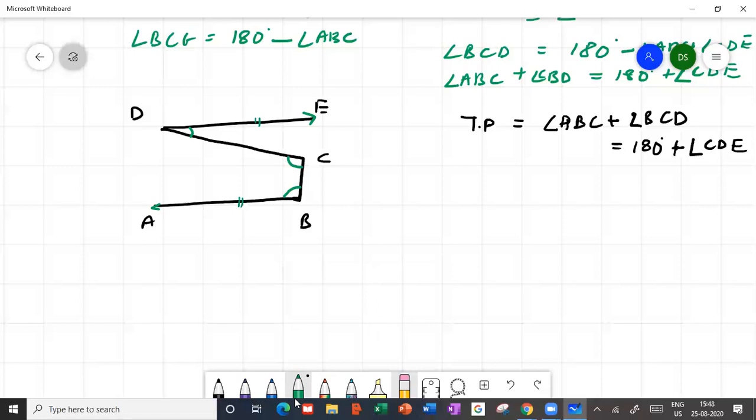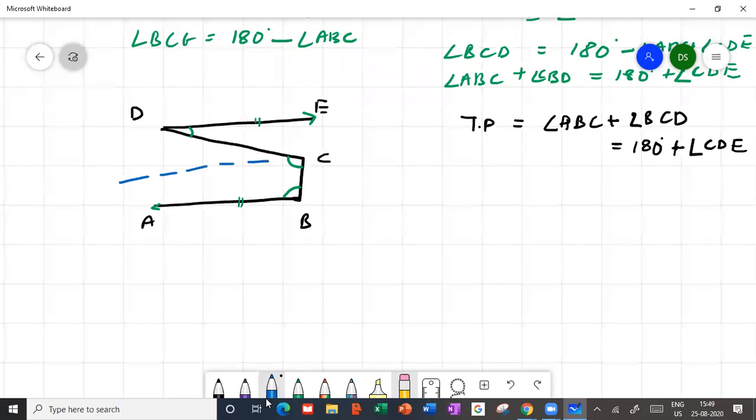Okay. But this is not helping because we cannot consider CD as a transversal, nor can we consider CB as a transversal. So now what to do? We have two lines, CD and CB. Let's break them down and consider each of them as transversals. For that, what will you do? It's simple. We just draw a line from here. Okay, this became crooked.